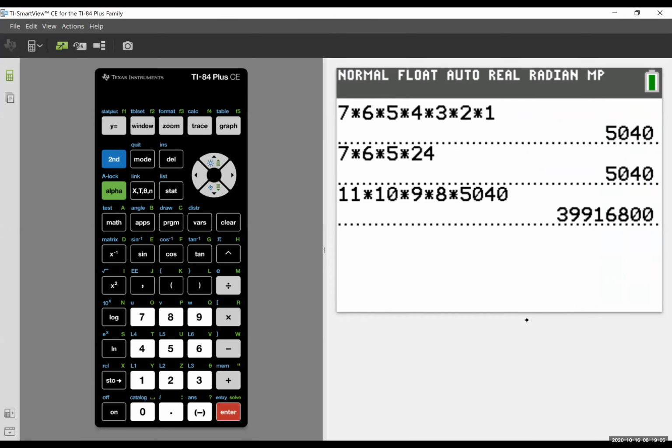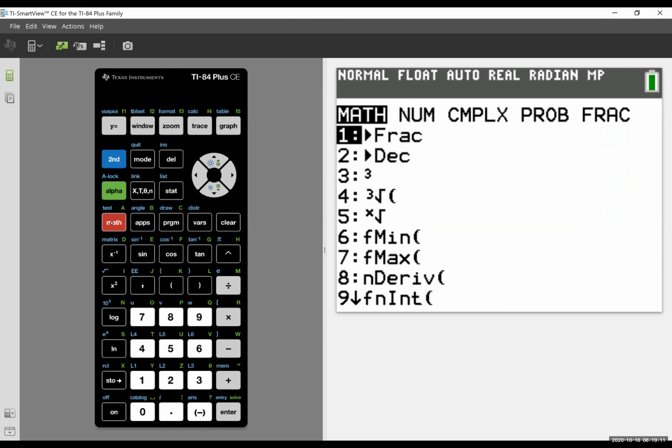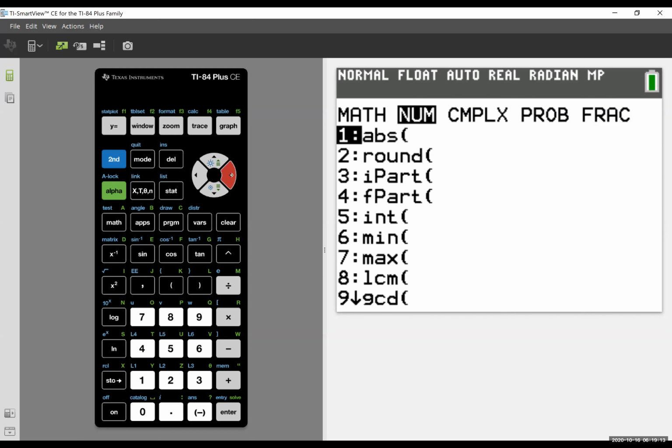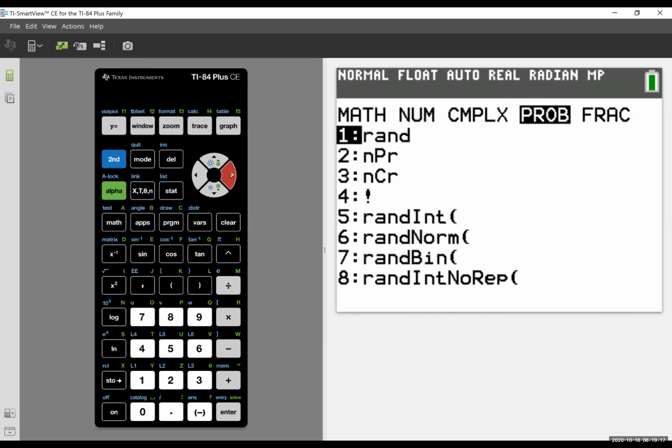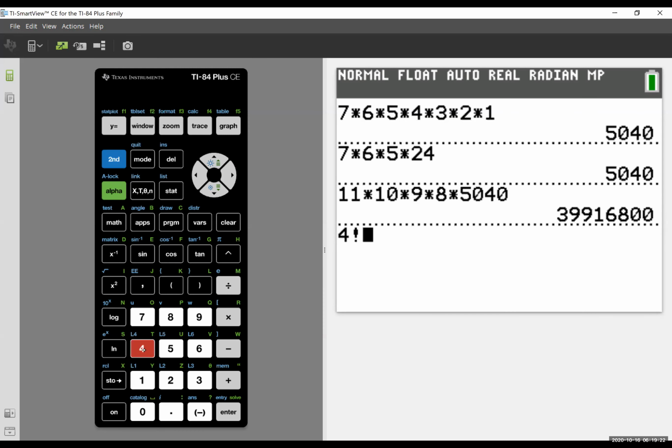If I wanted to call up the factorial symbol, first I'll press 4, and then I'll press the math key. Then you use the right arrow key to go all the way over to the probability menu. And there you see it, item number 4, that factorial symbol. If you press enter, we are getting 24. Same thing we got earlier.